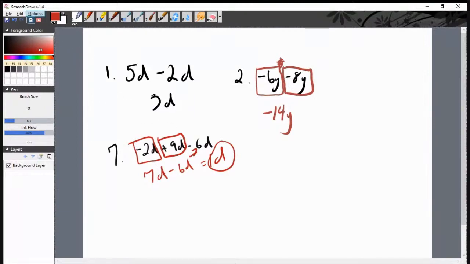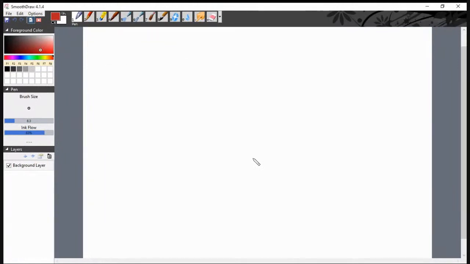Let's look at one more. Let's look at number 11. 16x to the second power plus 8x minus 5x plus 3. Now what we need to do is figure out what our like terms are, right?